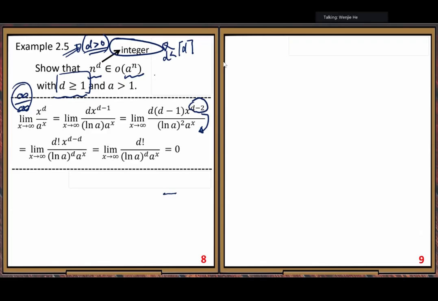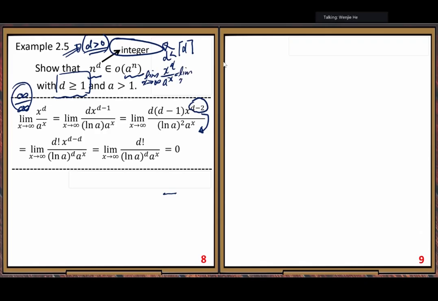This time, x to the d over a to the x. Can we split it into two parts?